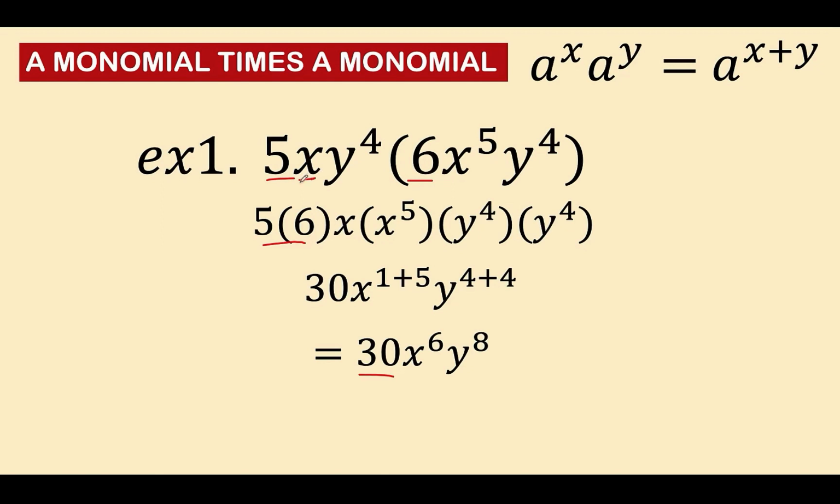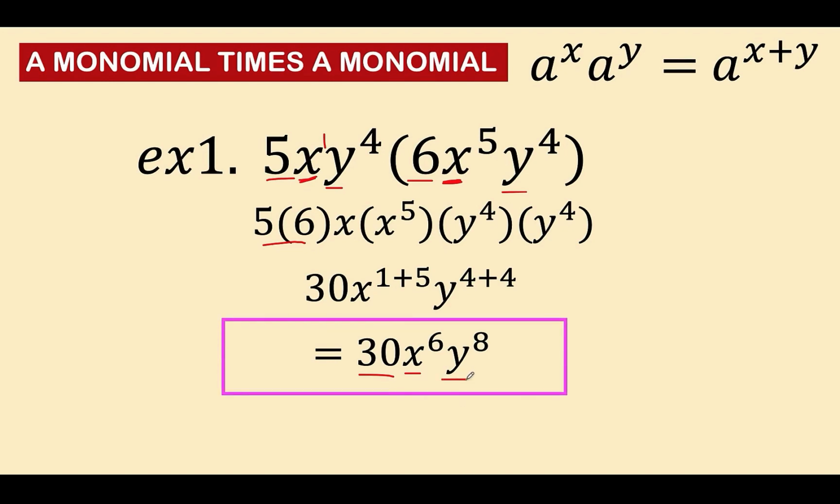Then take this variable x and look for another literal coefficients with variable x. You have here x to the 5th and x. The exponent here is 1, so copy the common variable x and you add the exponent 1 plus 5 to get the 6. Then go to the y, the exponent is 4, here the exponent is 4, you add 4 plus 4 and that's 8, so you now have here y to the 8. That's how you multiply a monomial times another monomial.